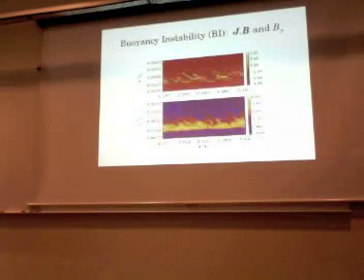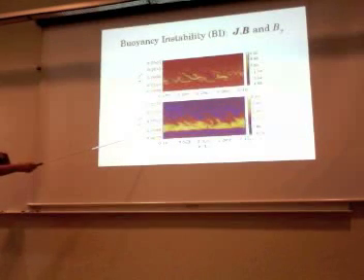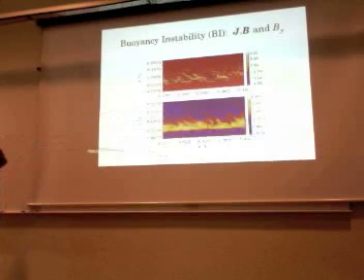Okay. So here I have shown a snapshot in time of the By, which I shall call the toroidal field from now onwards, in the xz plane. x is the shorter dimension here. This is somewhere in the middle of the box.